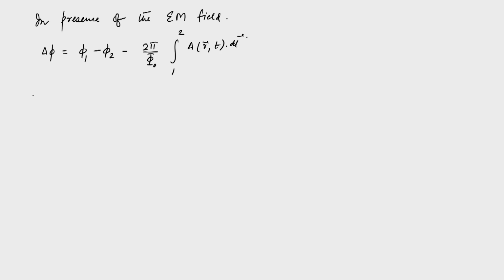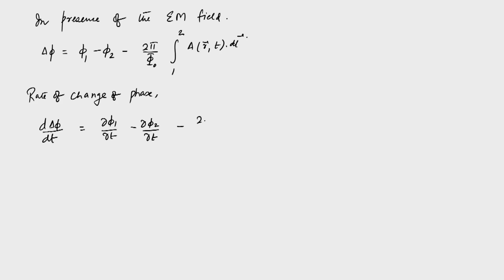So, the rate of change of phase is d delta phi by dt, equal to d phi_1 by dt minus d phi_2 by dt minus 2 pi over phi_0 times d/dt of the integral from 1 to 2 of A dot dl.